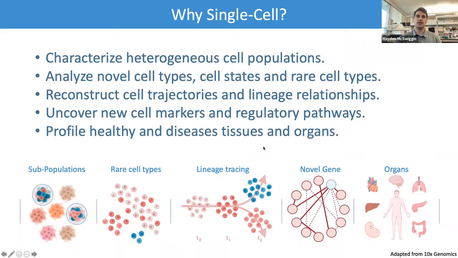And you can identify dynamic gene changes between individual cell types. You can also uncover new cell markers and gene regulatory pathways that are important for individual cells. And this also allows you to profile healthy versus diseased tissues and organs to identify which cell types might be affected in certain diseases.